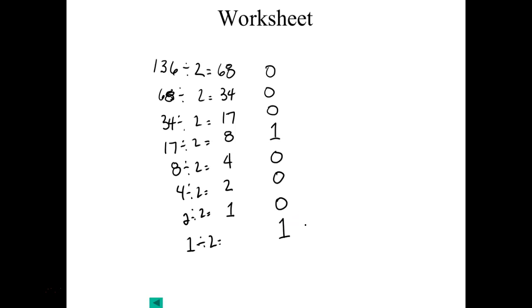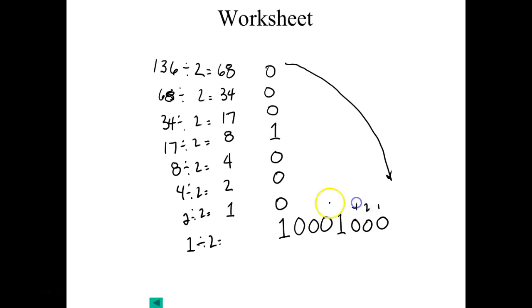Okay, now what we're going to do to get the binary number is we're going to let this thing fall this way. So I'm going to say 1, 0, 0, 0, 1, 0, 0, 0. Now if this works, I should be able to convert that to decimal. 1, 2, 4, and this is one way you check your work.